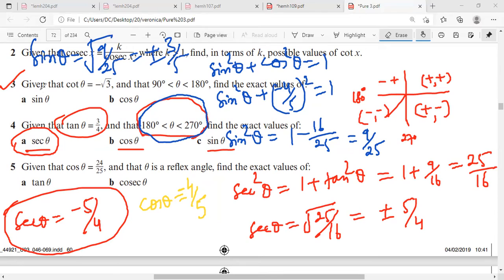Therefore, sine theta is equal to minus 3 by 5. This is for question number 4. So we got the value of all: sine theta, sec theta, cos theta. And it's easy to find using these identities.